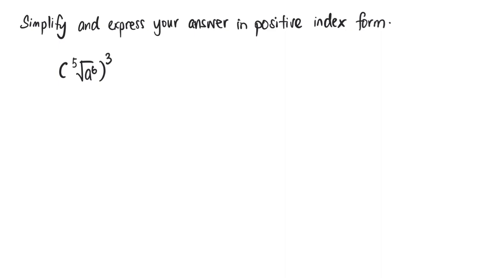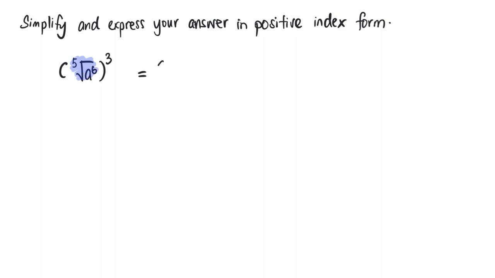Hello everyone, welcome to this problem where we are required to express this in positive index form. So the very first thing I see is that within the bracket, there is this form.